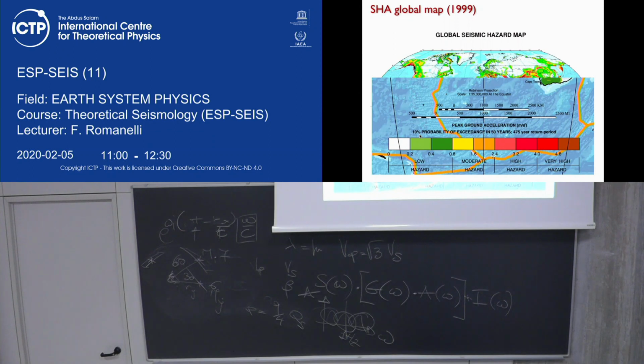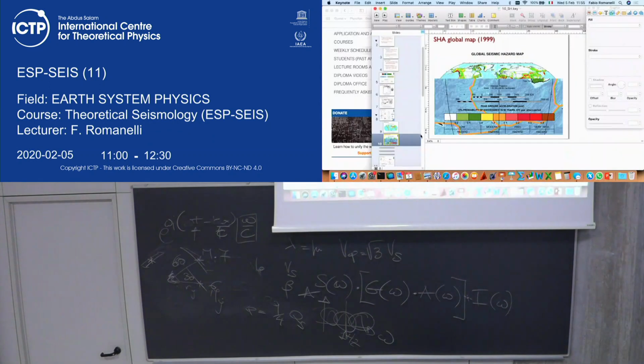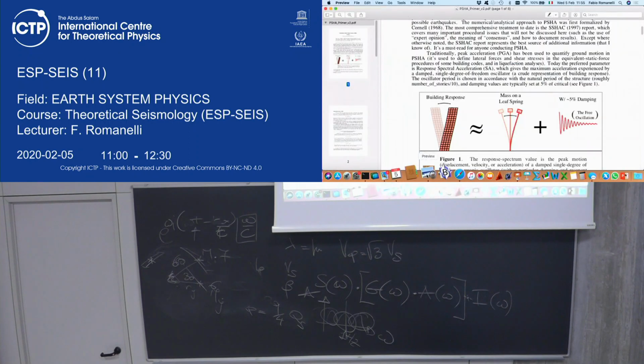Let's debunk it. To debunk this terrible statement here, I'm providing to you a beautiful 3 pages PDF file that I think I put in both ICTP and UPS Moodle sites, and it's this.